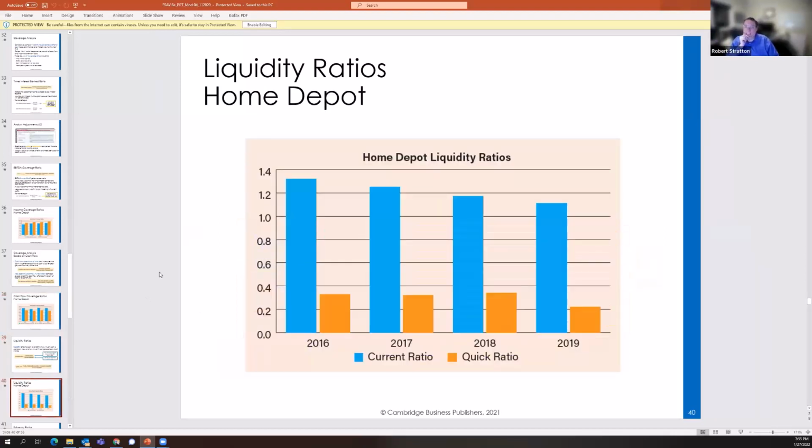So we can look at Home Depot and see that their current ratio, 1.2, 1.4, is an excellent ratio. They have quite a bit more current assets than liabilities. But when you look at how they're the most liquid, cash and whatnot, not quite as good, but not bad. I've seen a lot worse.